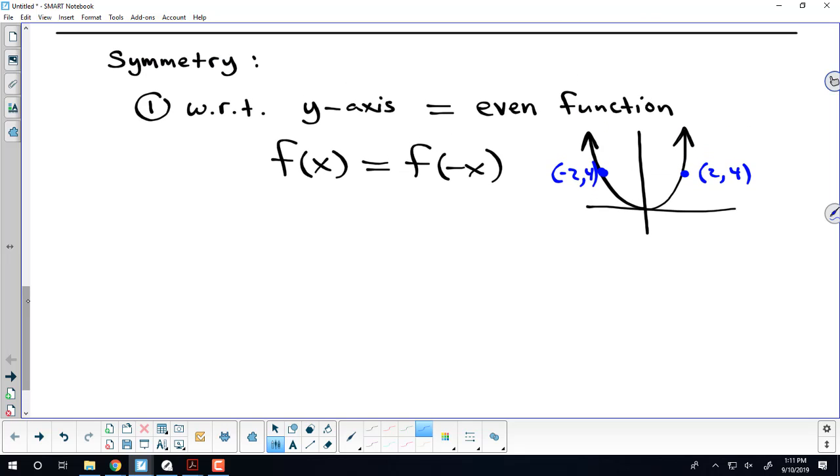And then, as far as functions go, we didn't look at symmetry with respect to the x-axis because why? It's not a function. Yeah, it's not a function, right? If you have symmetry with respect to an x-axis, maybe like a sideways parabola, it's not a function anymore. So the other one was with respect to the origin.